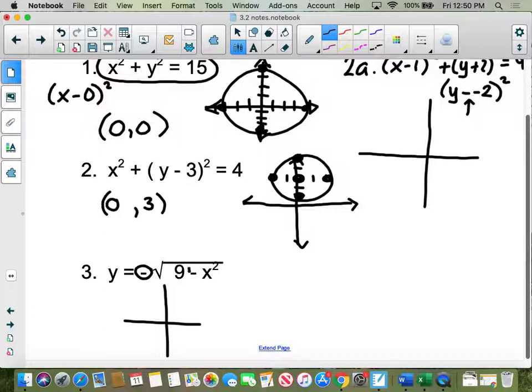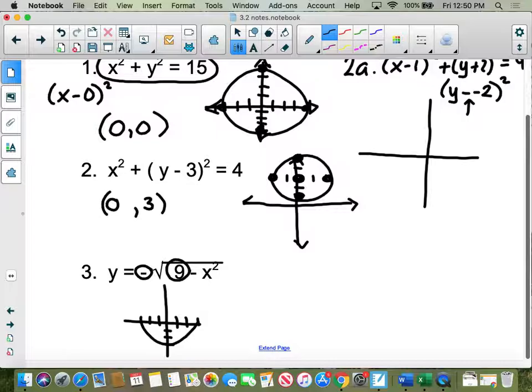And this is the radius squared right there. So you're going to go out 3 in all directions. Well, not really all directions, because you're only making a semicircle. You're only making this part of it, and that's it. So that is part 1, drawing circles or semicircles. I think you guys can handle that for part 1 today.